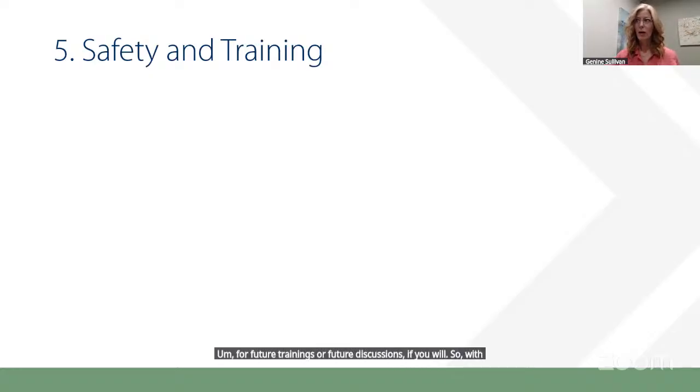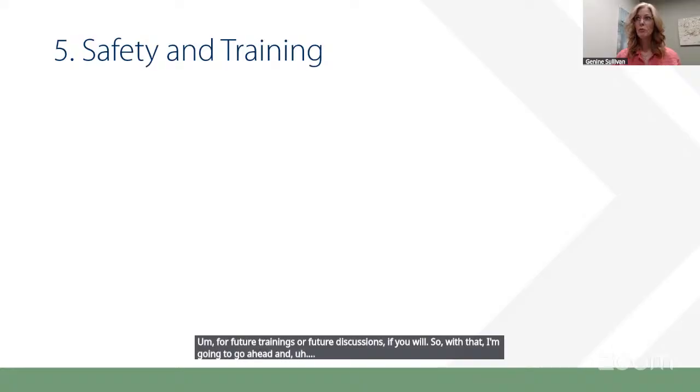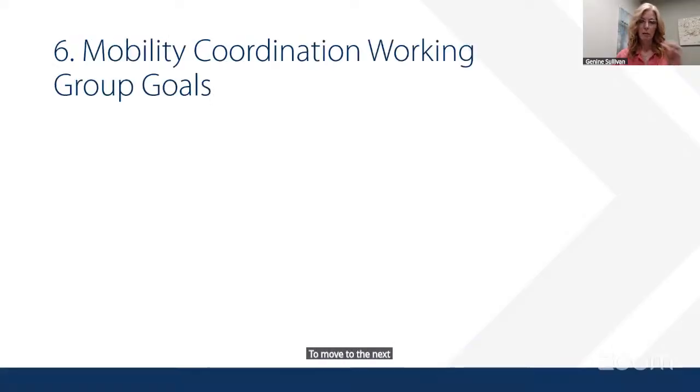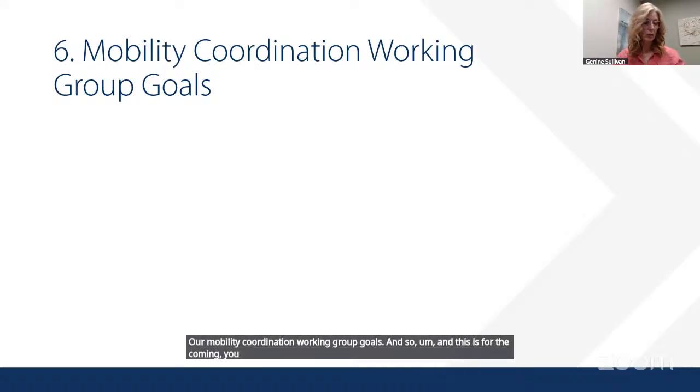So with that, I'm going to go ahead and move to the next item on the agenda, which is our mobility coordination working group goals. And this is for the coming federal fiscal year.